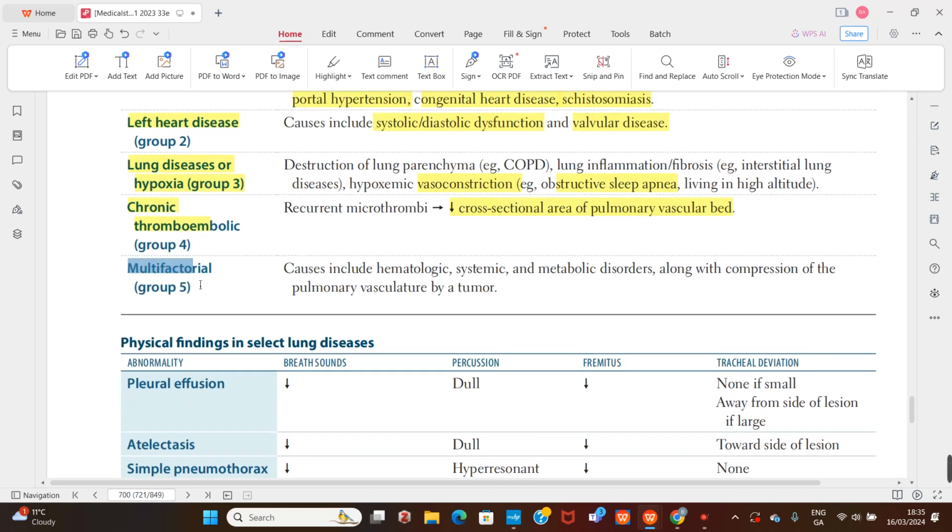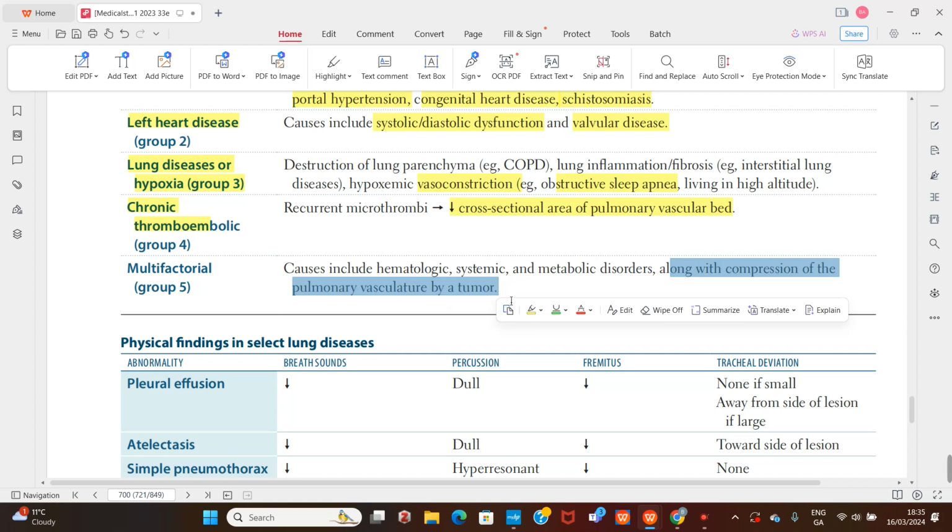Then the last one is multifactorial, which falls under the category of hematologic, systemic, metabolic disorders, alongside any tumor compressing on the pulmonary vasculature. So somebody having maybe a lung tumor extending, compressing on the pulmonary vasculature, they can have pulmonary hypertension from tumor.